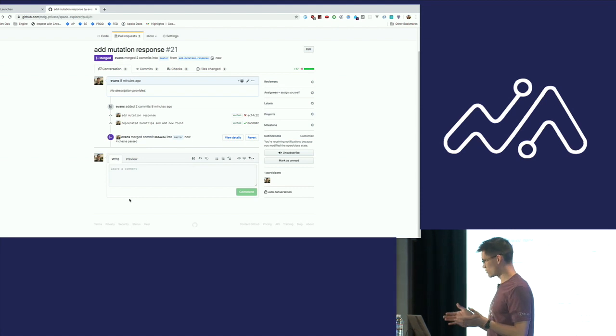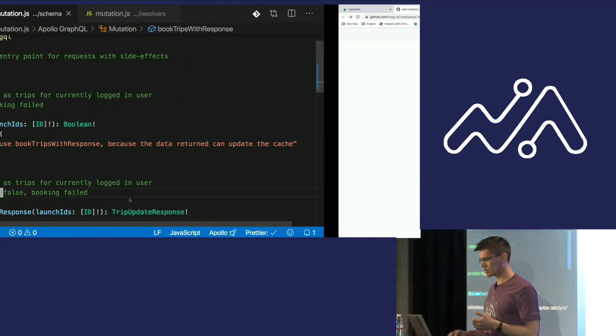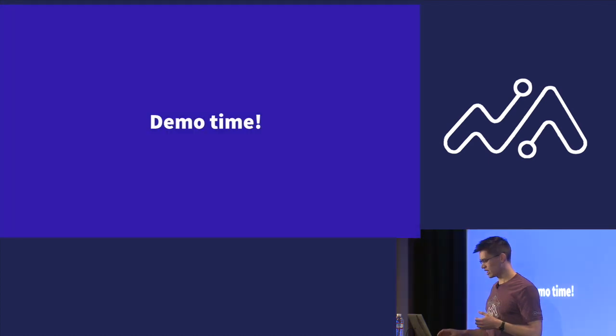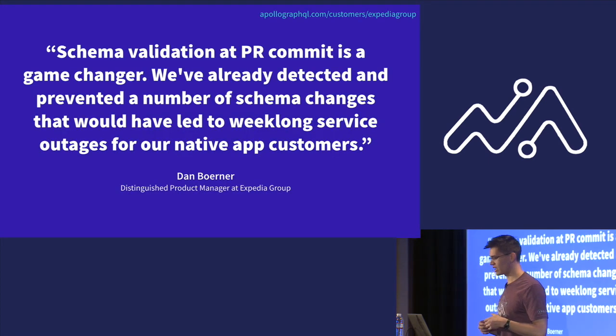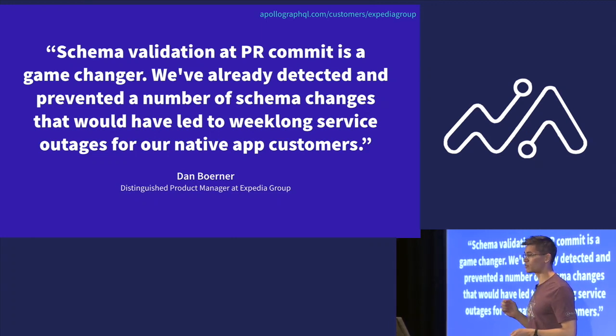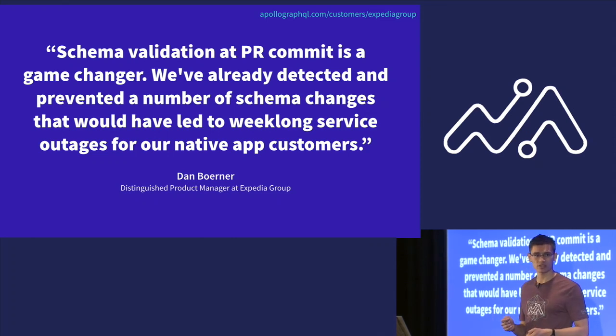I want to let that run, and I want to share with you a quote that I find inspiring and powerful by Dan Borner, a distinguished product manager at Expedia. "Schema validation at PR commit is a game changer. We've already detected and prevented a number of schema changes that would have led to week-long service outages for our native app customers."